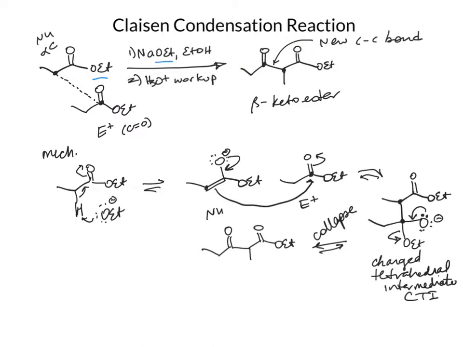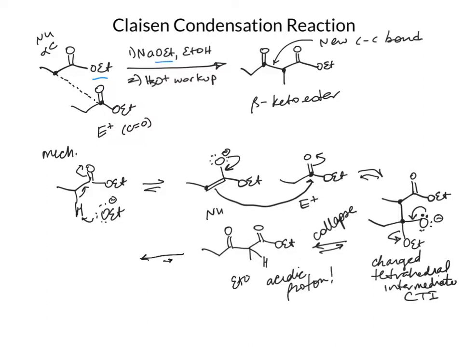But under these reaction conditions, we actually don't stop because this proton is now between two carbonyls. This is a very acidic proton. We could describe this as an active proton because it has two electron withdrawing groups next to it. And so in these basic conditions, we very much will deprotonate this product as it's formed.